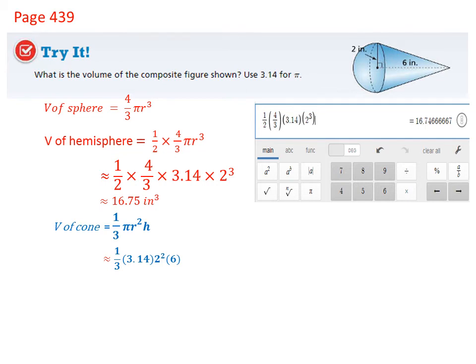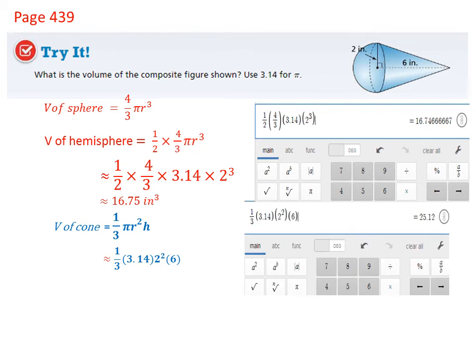And instead of pi, use 3.14 because pi is about 3.14. r is 2, so 2 squared times h, use 6 for h, so times 6. Now evaluate this expression. Yes, the answer is about 25.12 cubic inches.